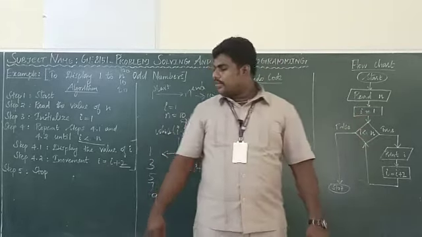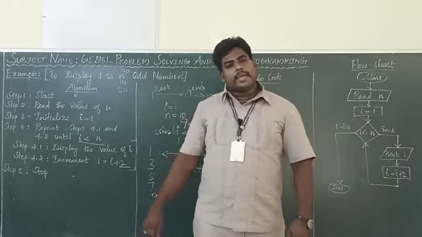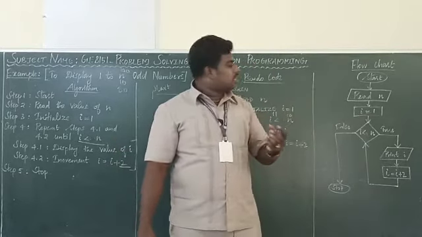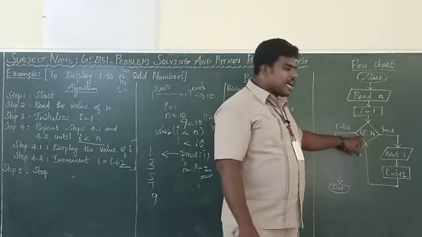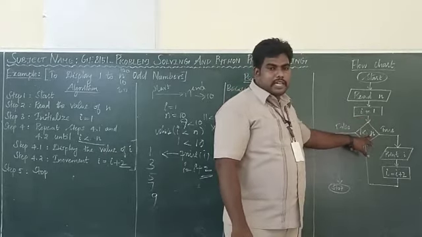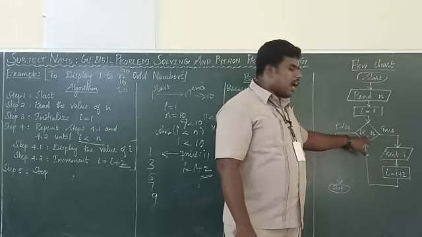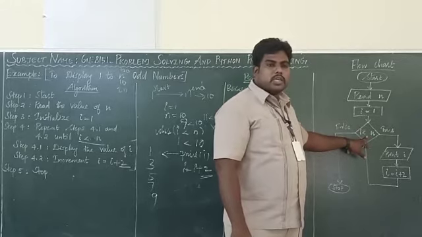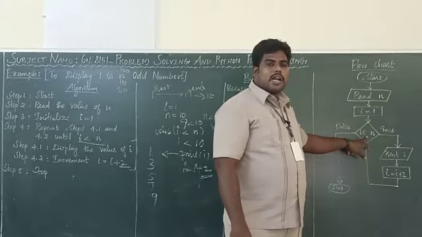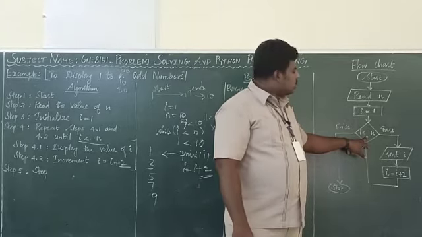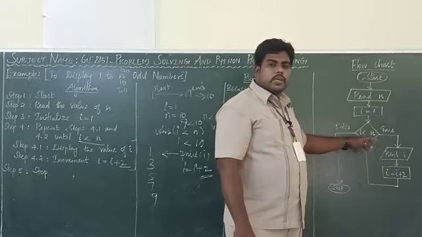Without initialization, we can't perform the looping. Looping needs one conditional variable. So I am initializing the starting position. Then I am checking the condition I less than n. Depending upon your logic, you have to put less than or less than equal to. Here I am taking the n value as 10, so your last odd number is 9. So you need not put equal to.